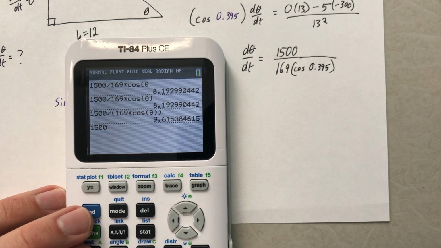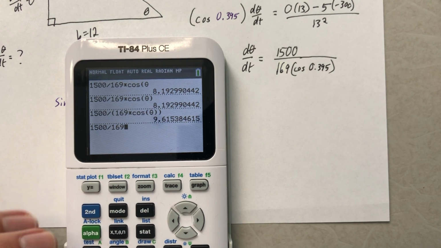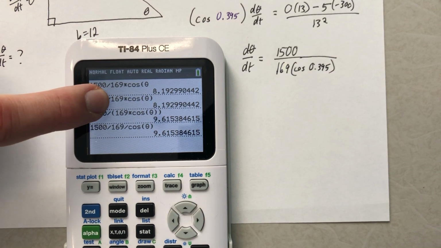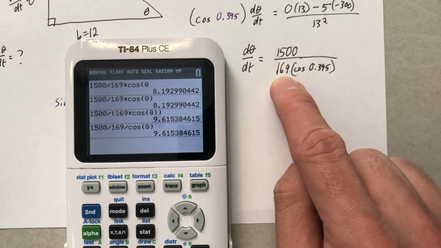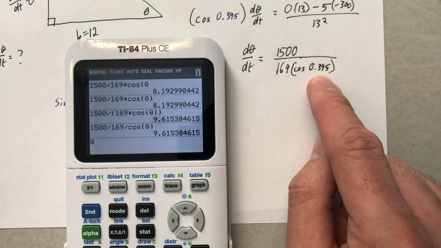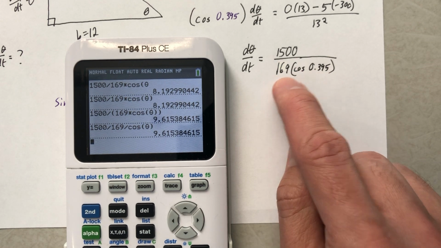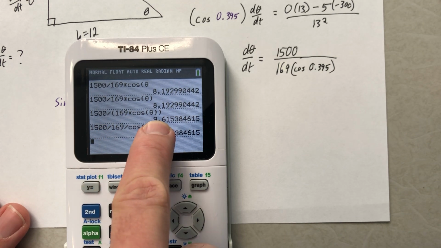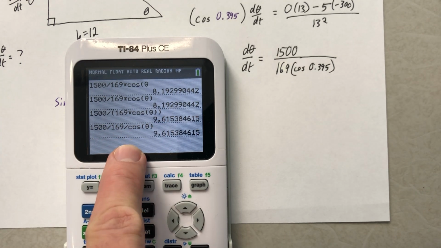We'll go 1500 divided by 169 and also divided by the cosine of theta. Either way, it'll work. This is not correct, because we did 1500 divided by 169 times cosine. We're dividing by both of these things, either represented with parentheses around the multiplication or divide and then divide.